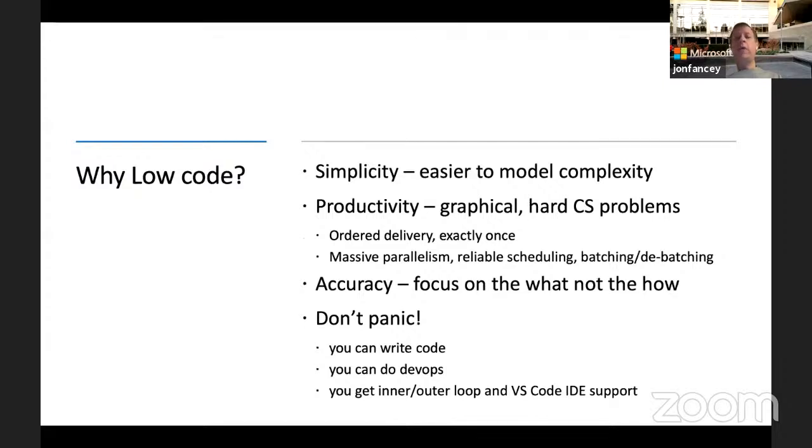Okay, so why low code? Well, it's similar. Having the ability to define more visually what's going on can make it easier to model complexity. Because it's certainly true that if you look at the equivalent in code for very complex workflows, you may be able to understand it because you authored it, but when somebody else comes along and takes a look at it, it takes time to read through all the code and understand what it does.